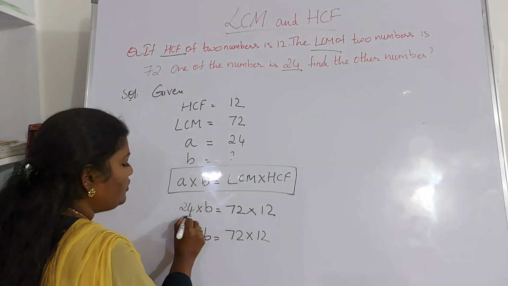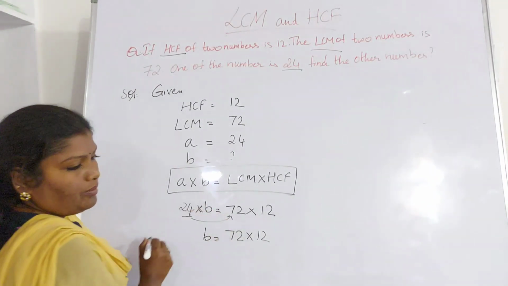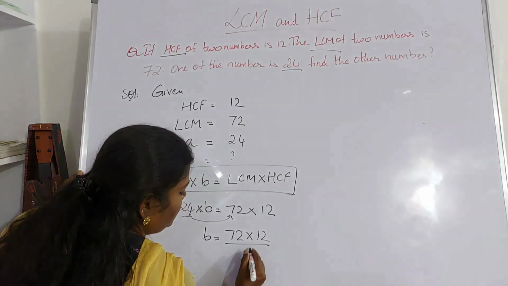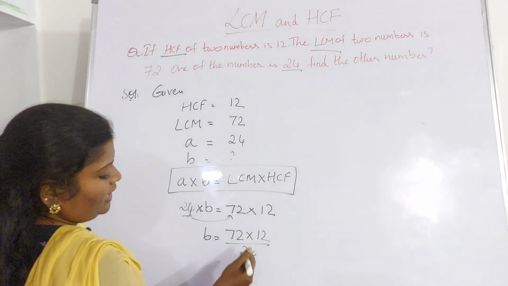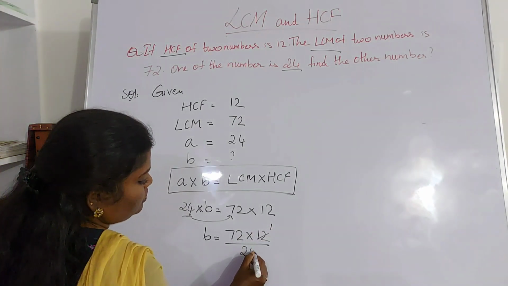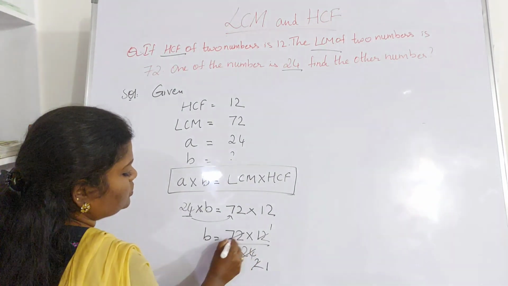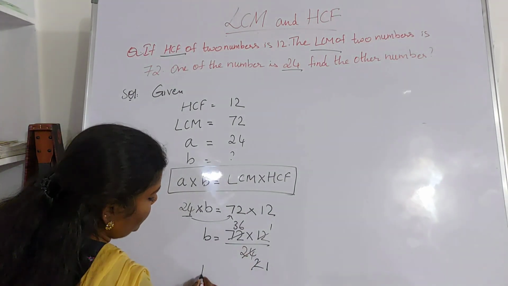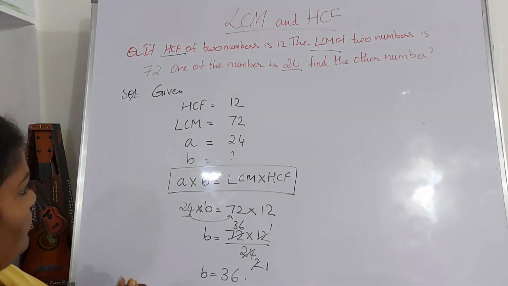Here 24 is multiplied with B, and when it goes to the other side, it becomes division, so 24 is written in the denominator. Now do simplification: 12 ones is 12, 12 twos is 24, 12 threes is 36. So B is 36. So let me explain once again.